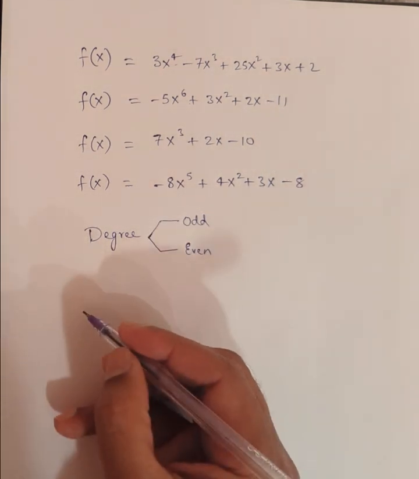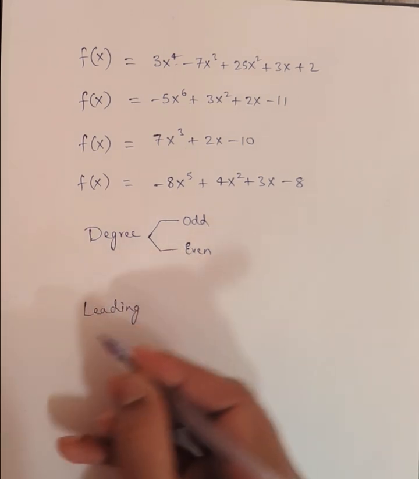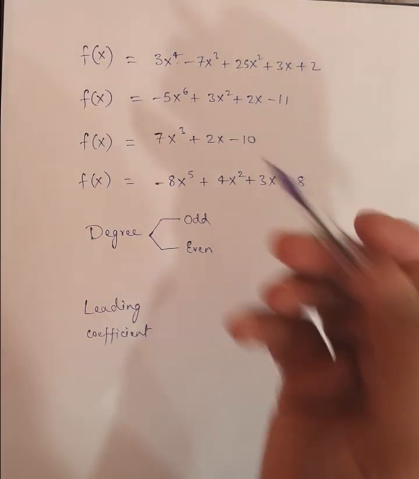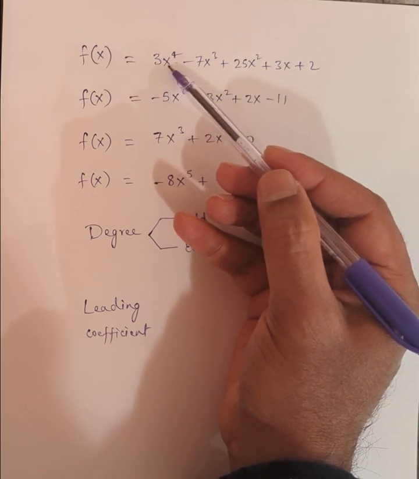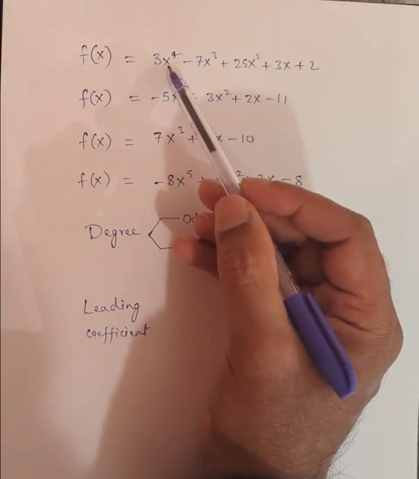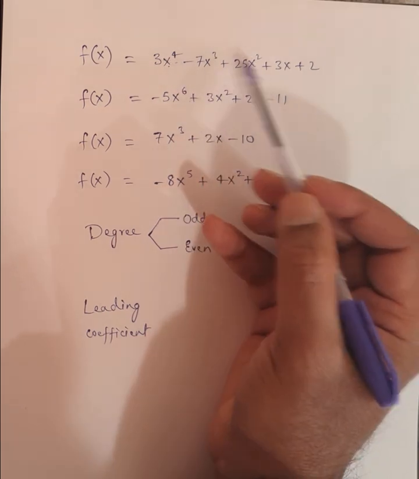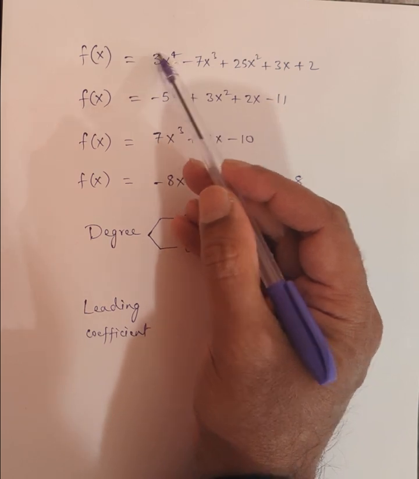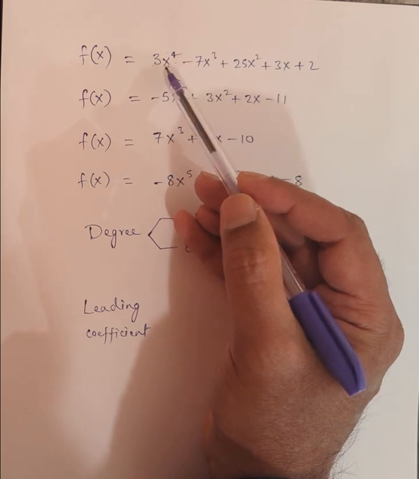Now the other important characteristic is the leading coefficient. So what's the leading coefficient? The leading coefficient is the number that appears in front of the leading term. The degree of the polynomial is given by the highest power, and the term containing the highest power is called the leading term.